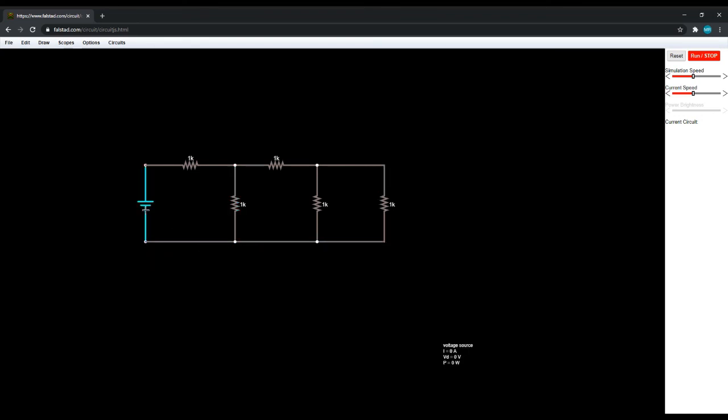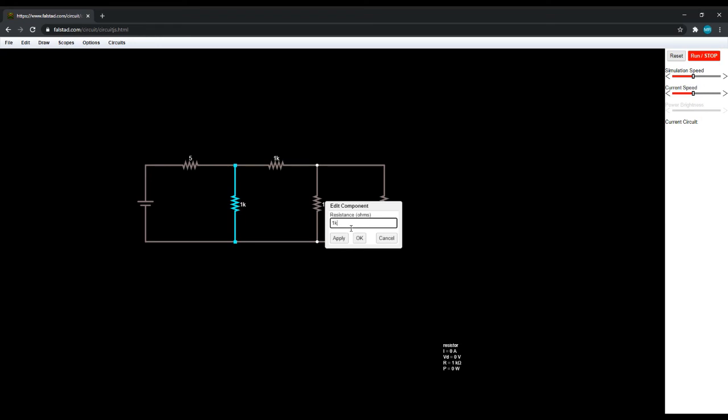Okay, so the terminals are already connected, and now we have to change the values. The voltage source is 8, the R1 is 5 ohm.